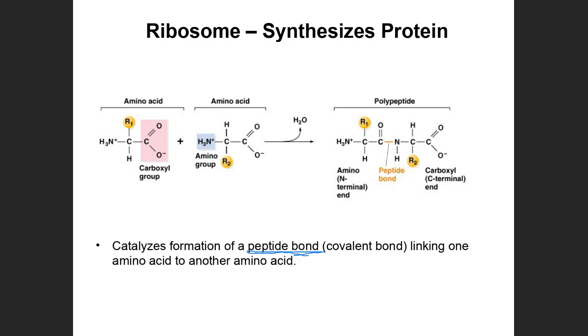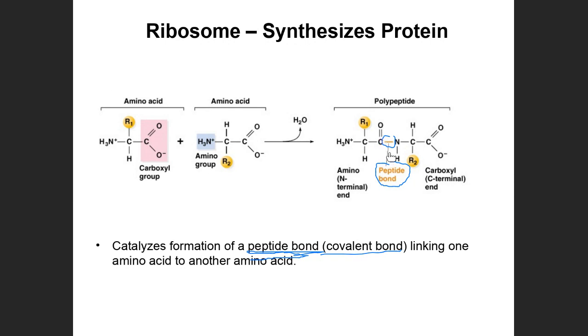Okay? That covalent bond linking one amino acid to the other, we call it a peptide bond. And it's only this bond. Remember, proteins, like nucleic acids, carbohydrates, and lipids, are all organic compounds. They all have carbon backbones, and carbon loves to form single and double covalent bonds.